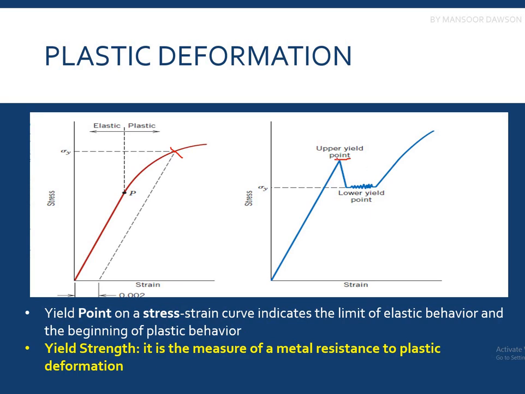In one case, we can see on the right that two upper and lower yield points are clearly in the figure, but in the left one there is no clear yield point defined. So both of the graphs are correct, but are of separate cases. So in the right one, first we can see the upper yield point.